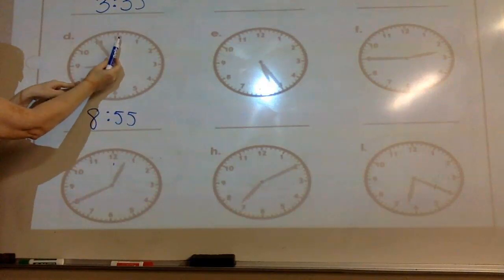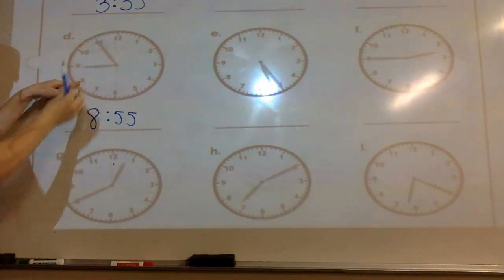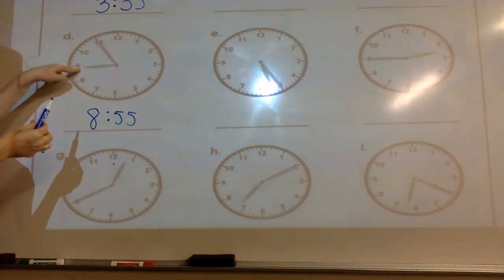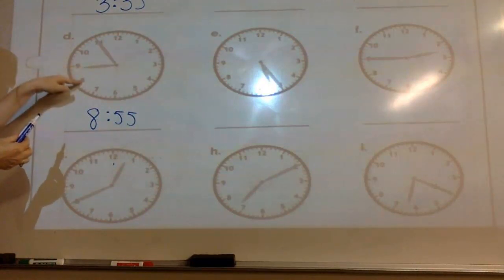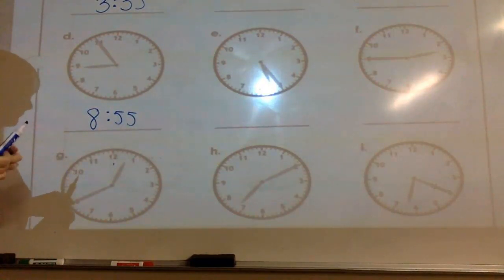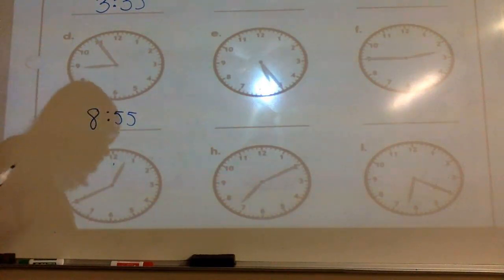Once we get to 8:60, it'll be 9 o'clock. So we are really, really close to 9 o'clock, but it's not dead on yet. Still in the 8s. And the last one, G. Let's take a look at that one.